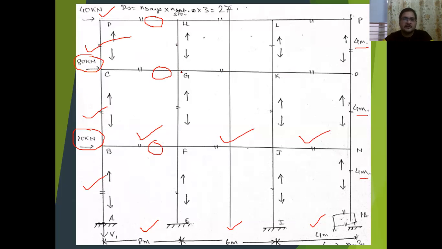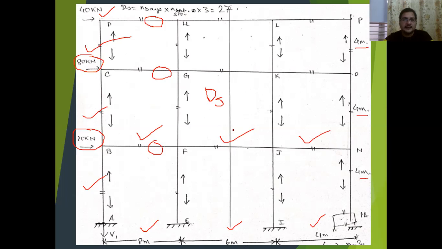Whenever we get such multi-story frames, our first task is to find the degree of static indeterminacy, that is DS. It is quite important that we know how to find the degree of indeterminacy of a structure, which I hope all of you know.